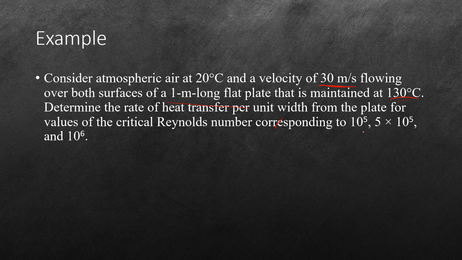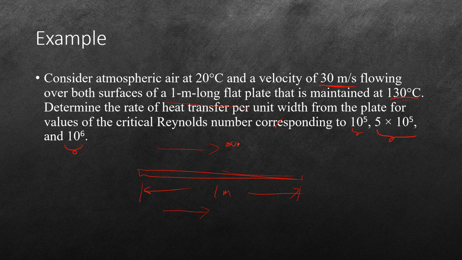for the values of critical Reynolds number corresponding to the following values. So we are going to have a plate that is 1 meter long, and air is blowing over both sides, so here and here.